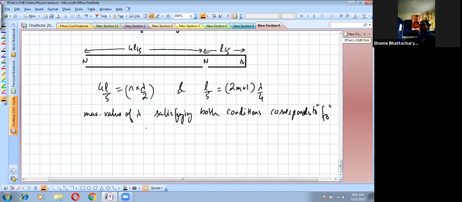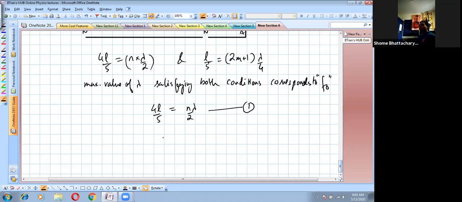Okay. So let's see how we can work that out. So let's write this. 4L by 5 is equal to n lambda by 2 as our equation 1. And L by 5 is equal to 2m plus 1 lambda by 4 as our second equation.